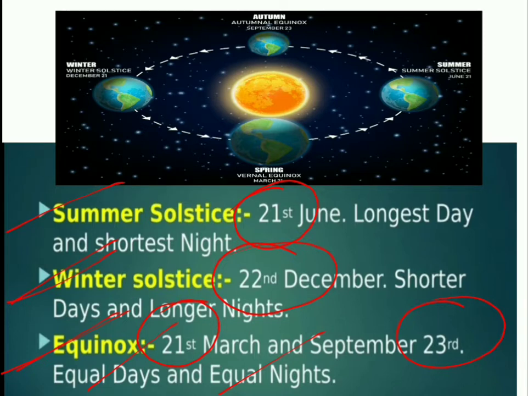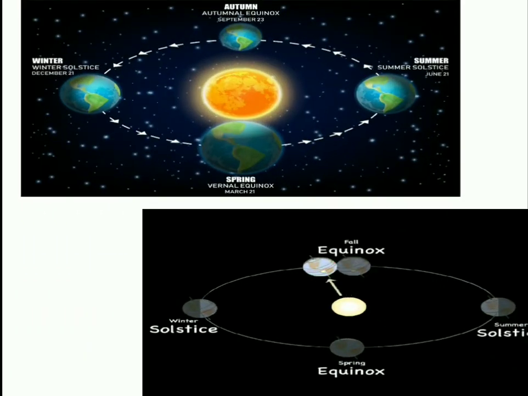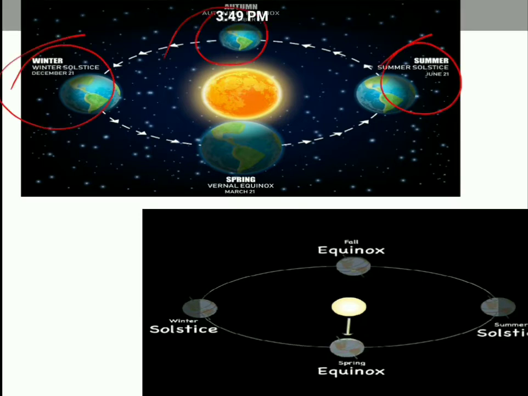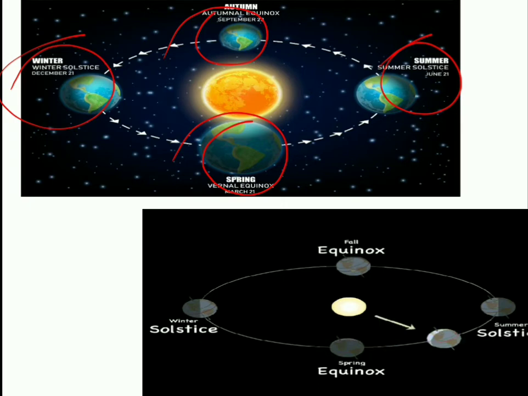So let us discuss the summer solstice briefly. Just observe this figure, dear children. This revolution of the earth changes the summer season, winter season, autumn season and spring season. While revolving around the sun, the earth changes its position, and while changing position, the earth experiences the four seasons.